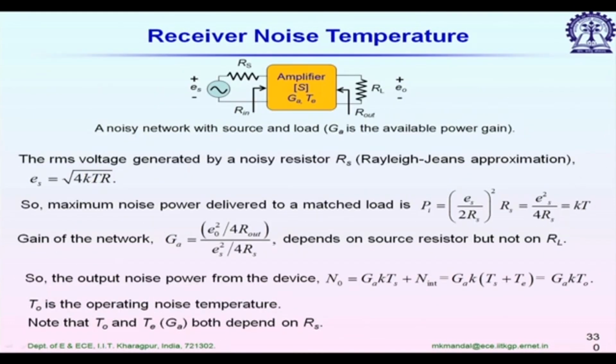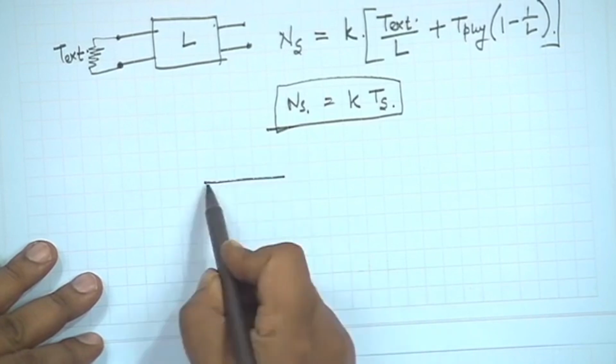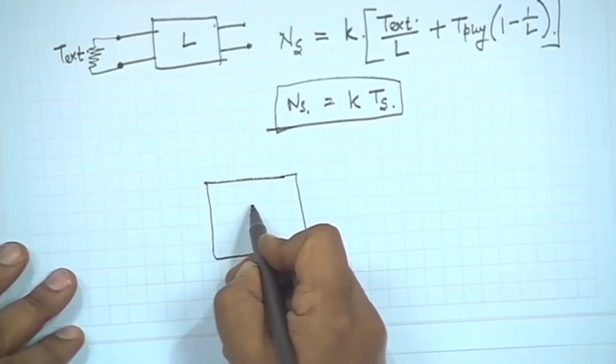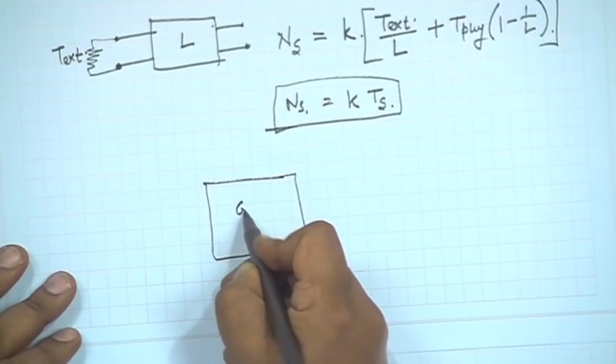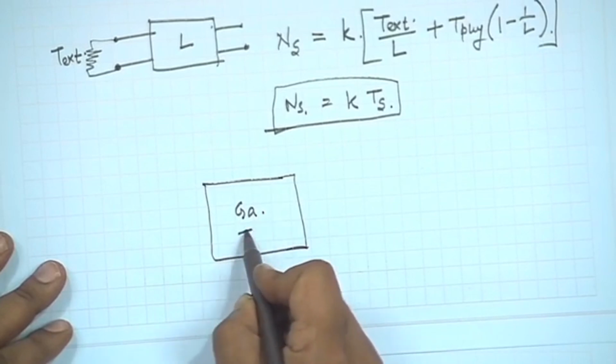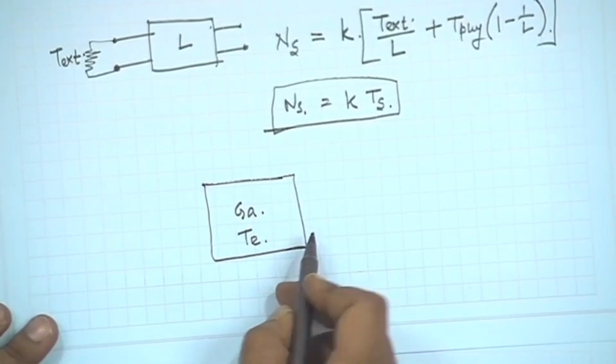Let us consider a receiver now, and we are going to calculate the overall receiver noise temperature. So, what we will be doing, let us first consider one amplifier, a two port network again. The amplification factor is given by GA, sometimes called the available gain, and TE is its effective noise temperature.